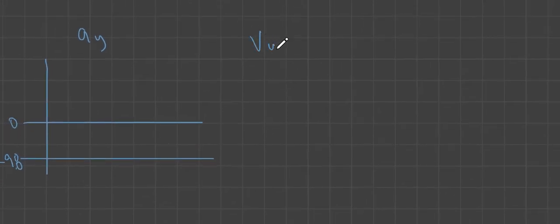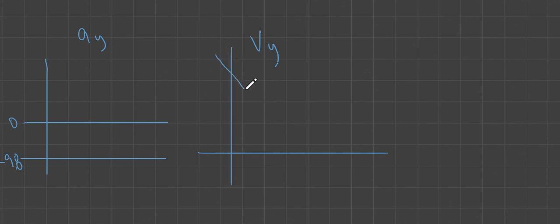The velocity in the y direction is going to have some kind of downward slope, and the rise over run is going to give you your negative 9.8.